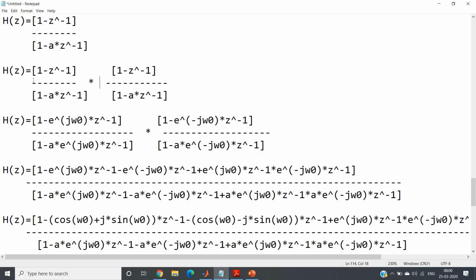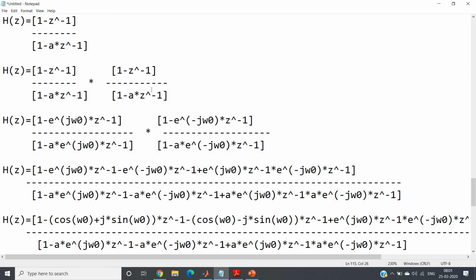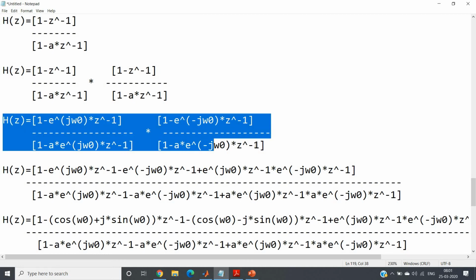For the first filter response, I am multiplying by e to the power j omega naught to shift the poles and zeros to the upper side, and whatever factor you multiply with the pole, the same factor you have to multiply with the zero. Here the zero is multiplied by e to the power j omega naught, and the pole also. In the second DC removal filter, we want to shift in the downward direction, so we multiply e to the power minus j omega naught with the zero, and similarly with the pole also. So this is what our hum removal filter becomes.